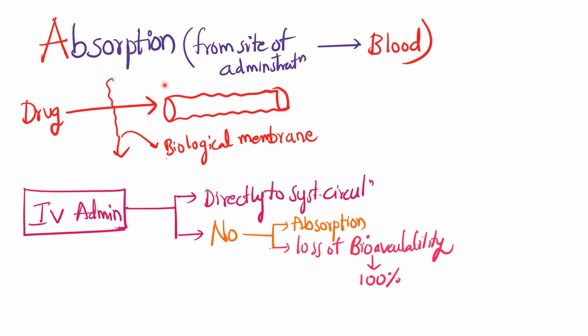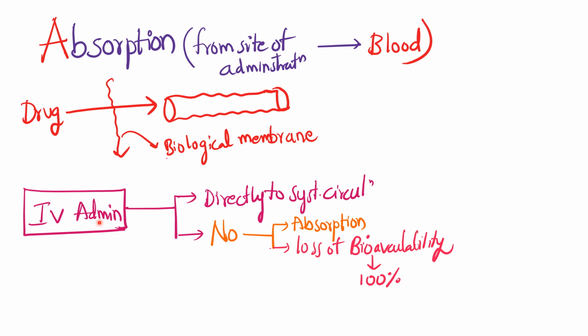So what is absorption? Absorption, as we discussed, is from the site of drug administration to the systemic circulation. For example, if you give a drug orally, it should cross the biological cell membrane and enter the systemic circulation.